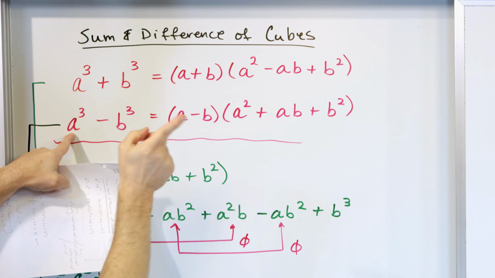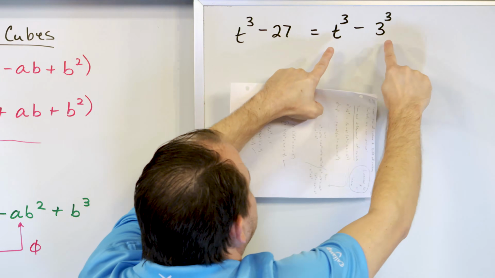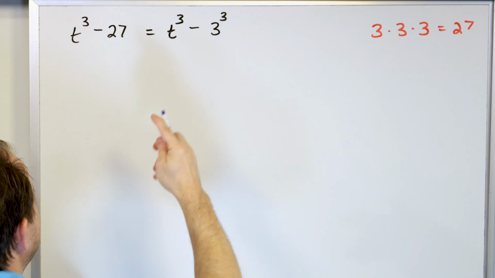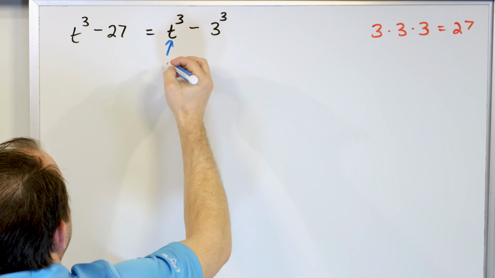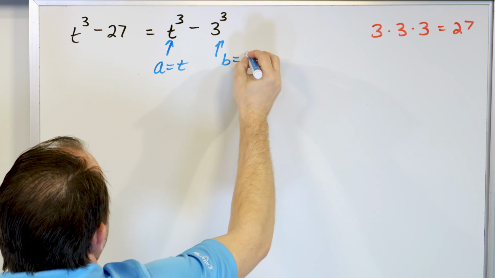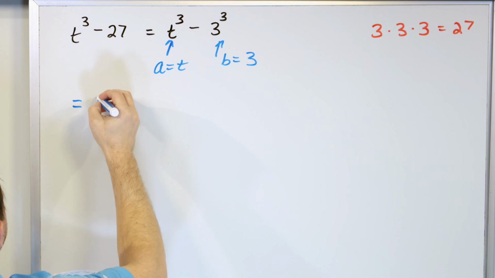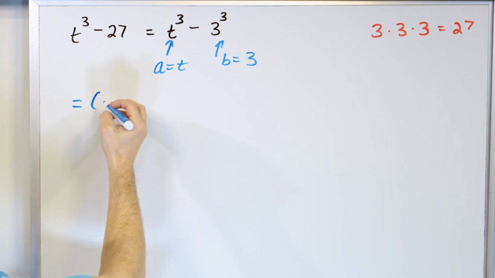a in this case is just t, the first variable, and b in this case is going to be the number 3. So basically in this example here, a is going to be equal to t, and b is going to equal 3. So we can write the answer straight away. It's going to be, well, I'll just write it down as is written over there.